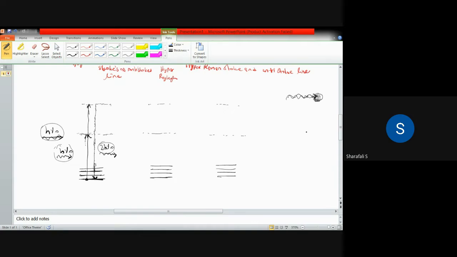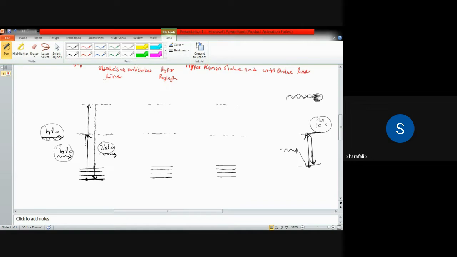Okay. So suppose this higher excited level has some 10 raised to minus 10 seconds of lifetime, or 10 raised to minus 20 seconds of lifetime, for example. So it will be going and coming back to this ground state. When the first photon interacts with this sample, it will be absorbed by the sample, go to the excited state and come back.